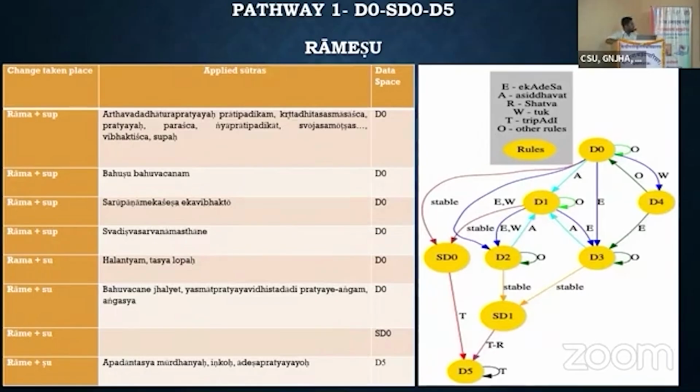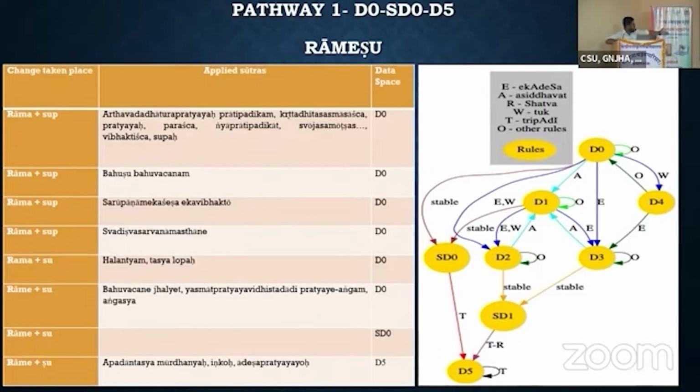The first pathway is D0 to SD0 and then to D5, which is the final state. We'll take the example Rameshu. In the D0 state, we have the input Rama plus Sup. अर्थवदधातुरप्रत्ययः प्रातिपदिकम्, कृत्तद्धितसमासाश्च, प्रत्ययः, परश्च, ङ्याप्प्रातिपदिकात्. All these sutras will be applicable in the state of D0, and we can see the prakriya over here.